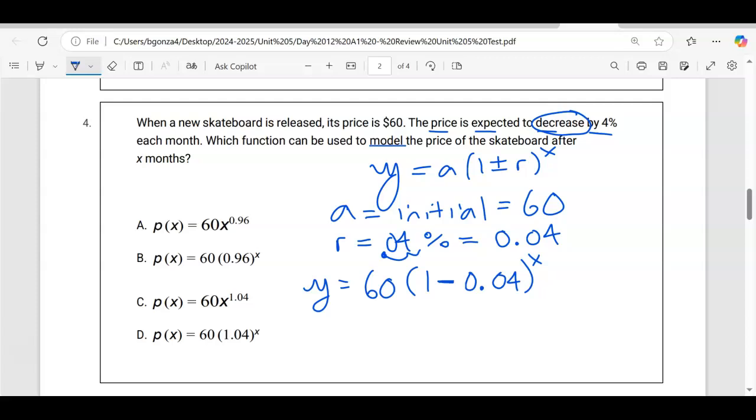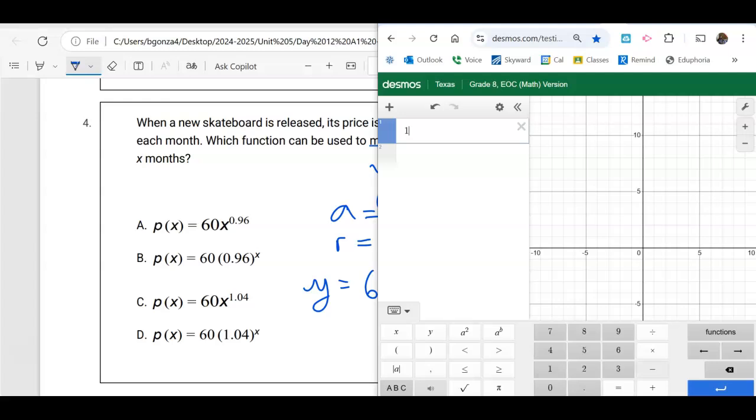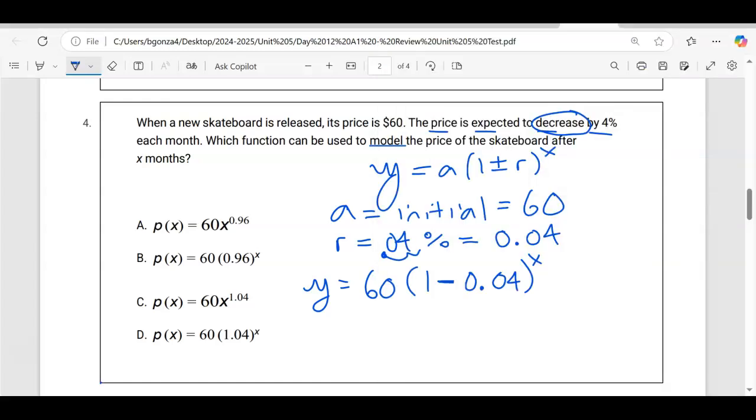Okay. Well, now none of these answer choices look like this exactly. So let's do the math. What is 1 minus 0.04? 1 minus 0.04 is 0.96, okay? 0.96.